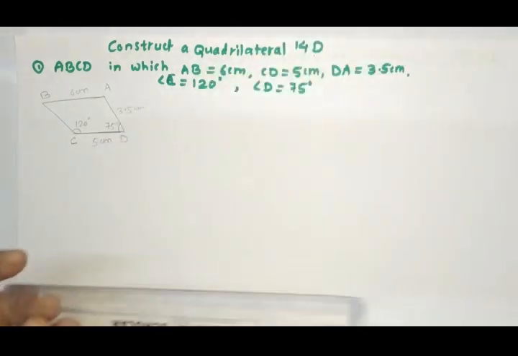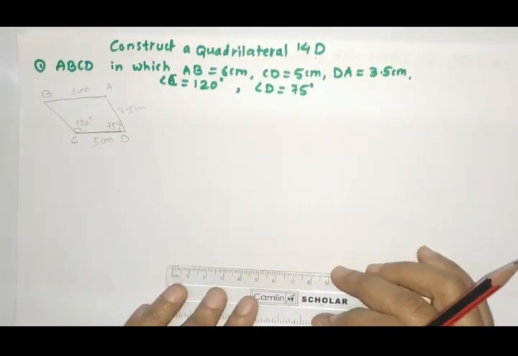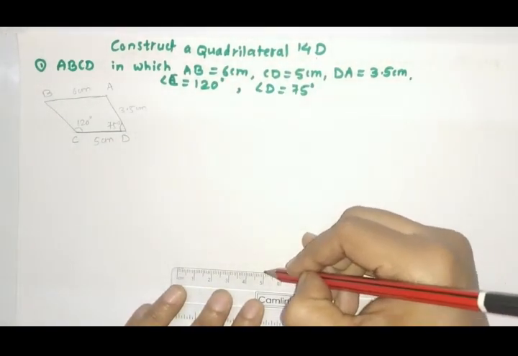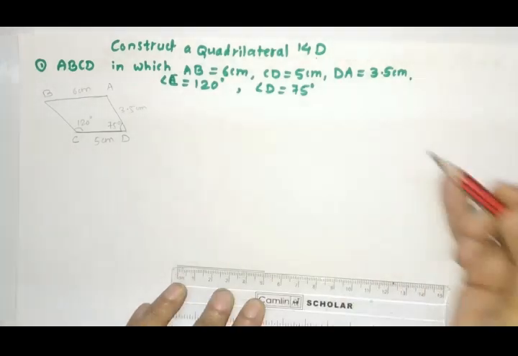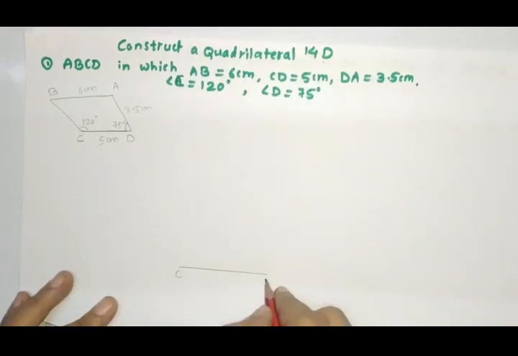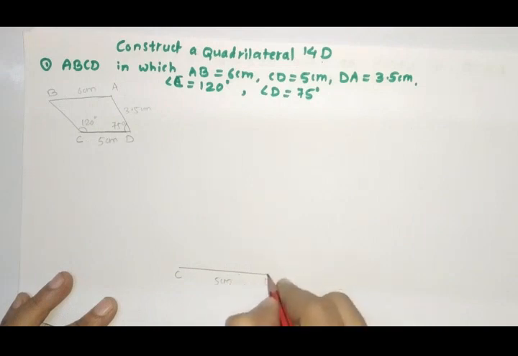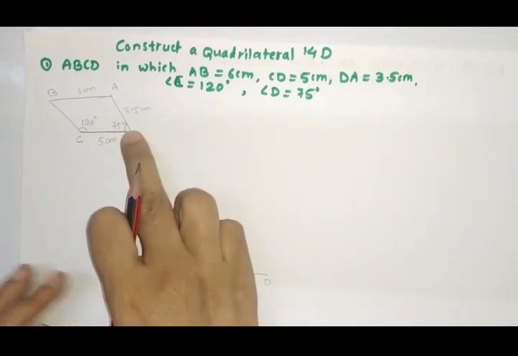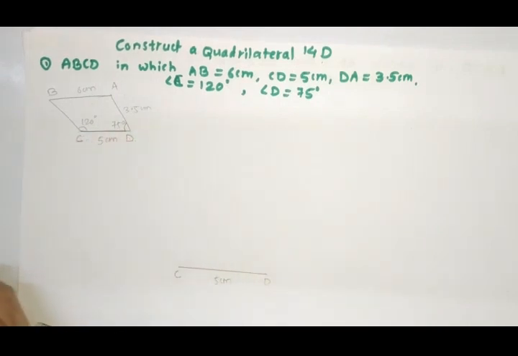So we need to draw first of all side CD with 5 centimeter. So we'll draw CD here. It is 5 centimeter. So now at D we need to measure 75 and at C we need to measure 120 degree. So you can measure or you can draw.